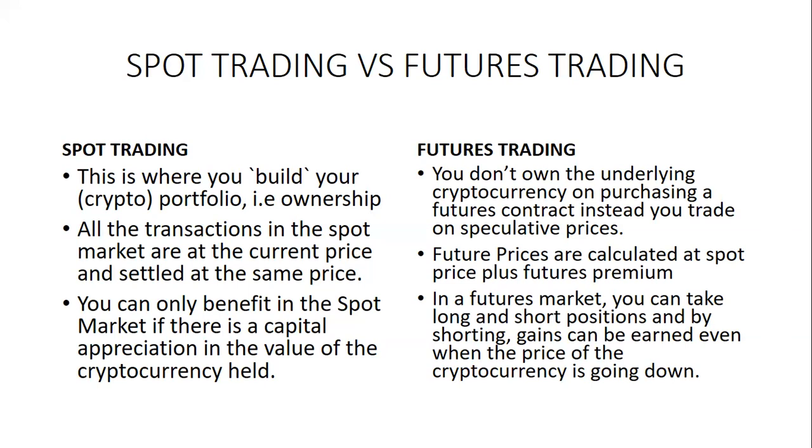Spot trading, this is where you build your crypto portfolio. It also gives you ownership of it. In spot trading, for instance, if you want to take a sell or short position, you can't do that unless you have that asset itself. I'm going to explain that when we start doing the practical part.